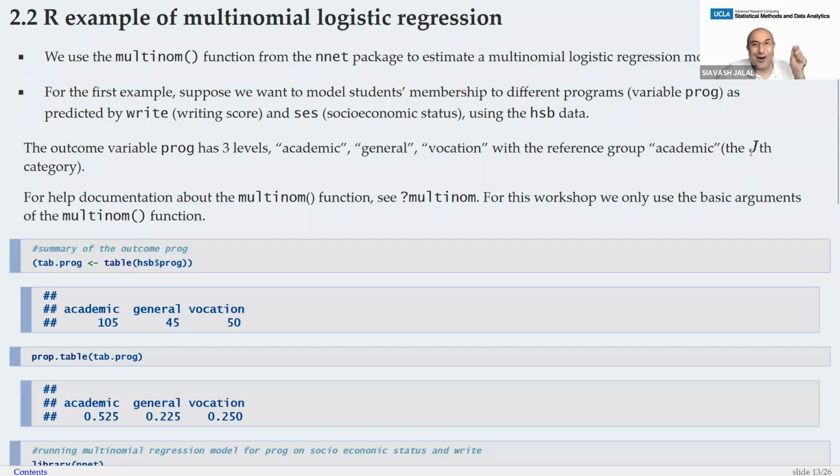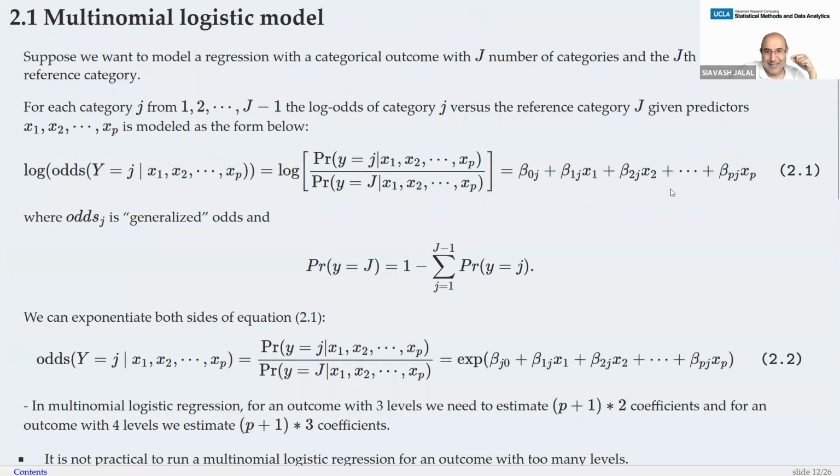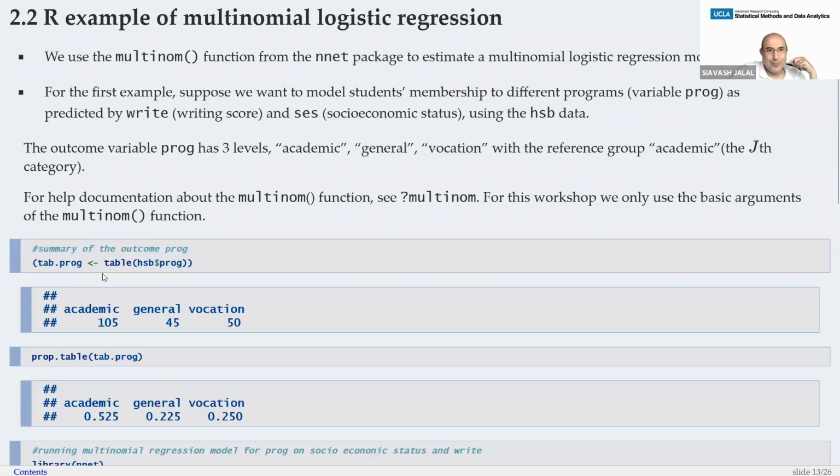So this is basically our capital J group in the formula that we had before, right? In the last page. So academic is basically this category, and then these two groups, general and vocation, are J equal to 1 and J equal to 2. So it's two other groups.